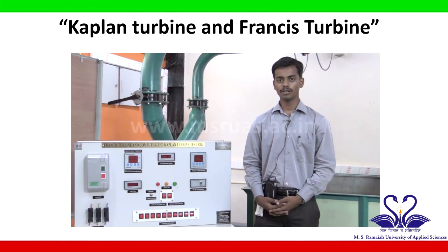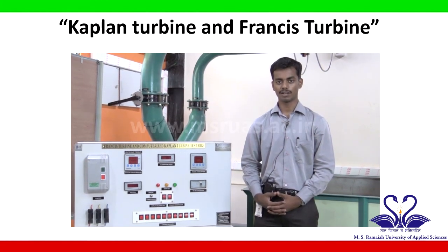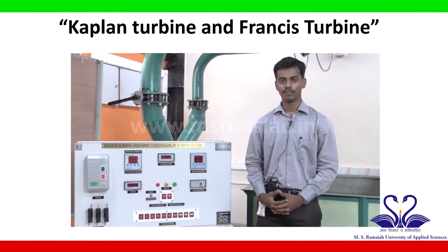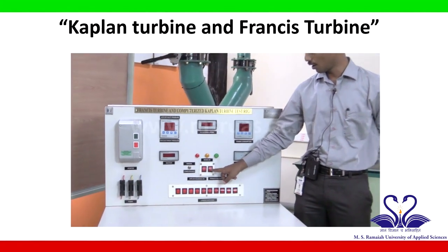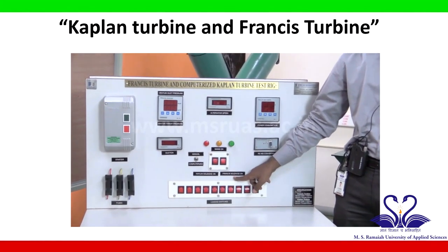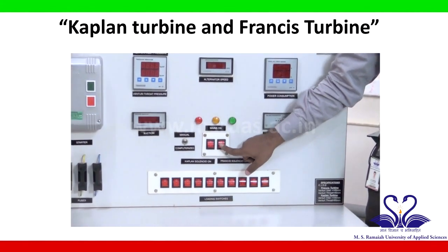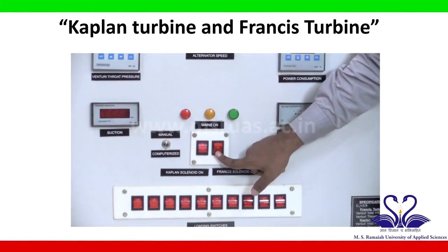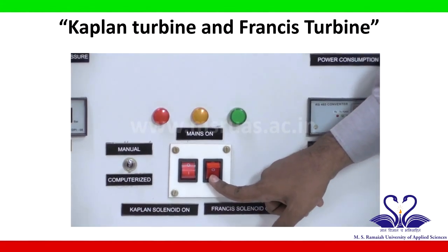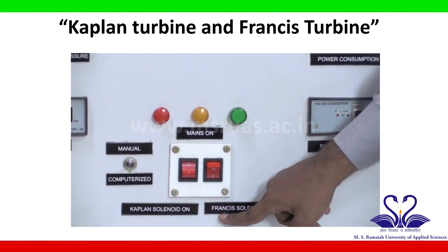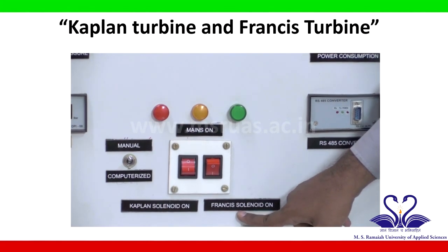The experimental procedure for the Francis turbine remains the same as that of the Kaplan turbine, but we have to make sure that the solenoid switch for the Francis turbine is kept on. This will ensure that the pressure from the venturi meter is coming from the line connected to the Francis turbine.